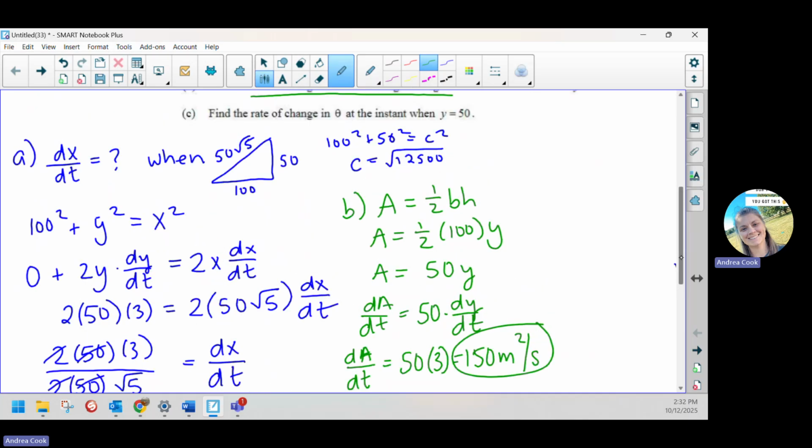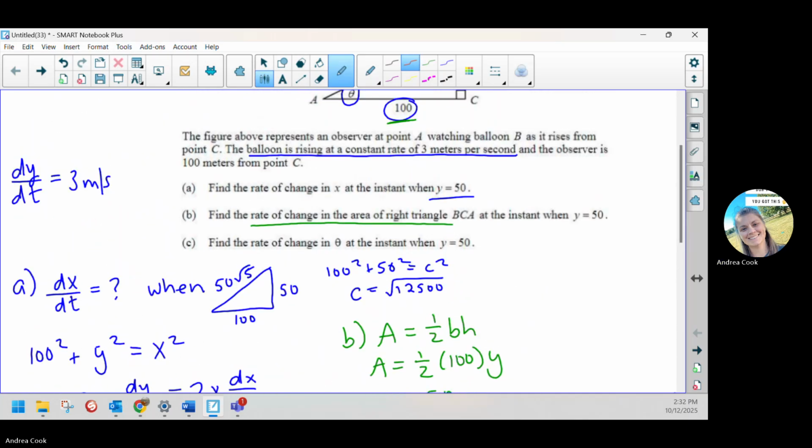And then C is asking for the rate of change in theta. So for C, they want us to find d theta over dt when y is 50.